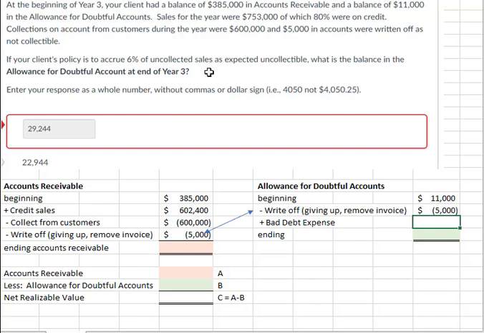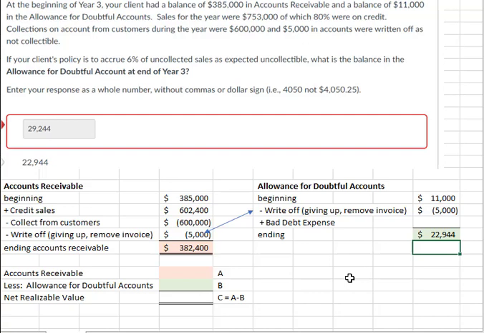Uncollected sales is accounts receivable as the estimated or expected uncollectible. What's the balance? Okay, so now I need to get the ending balance in accounts receivable, and the ending balance, the target, the amount that I estimate as needing to handle future write-offs, is accounts receivable times 6%. So my answer here is going to be the 22,944.